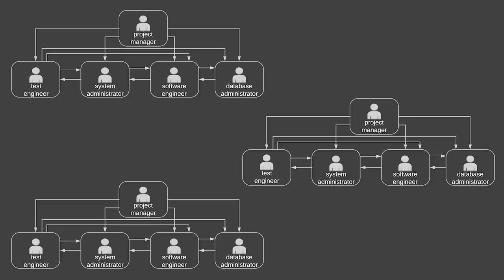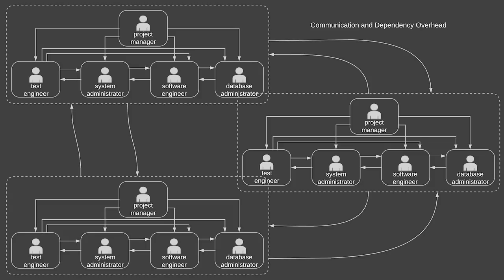Now, if you have multiple projects running at the same time, they will need to coordinate things to make sure they don't make changes that will affect the other project. And also there's a certain amount of skill that each software developer or system administrator or database administrator has that not everyone else knows about.